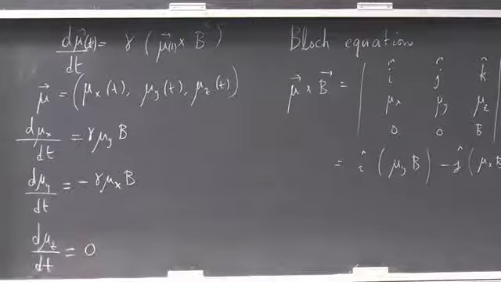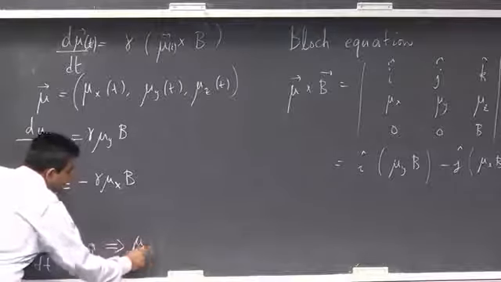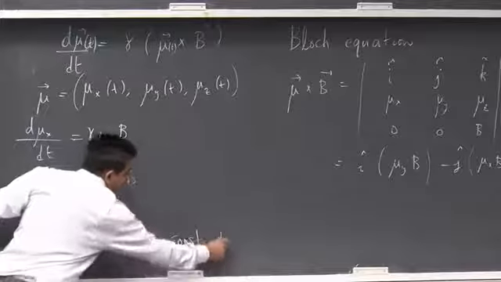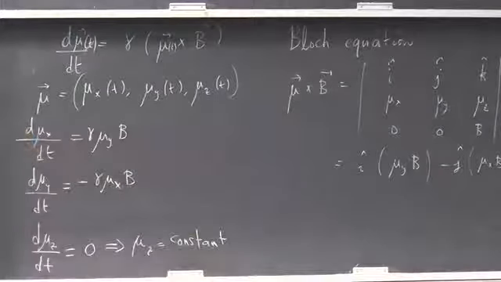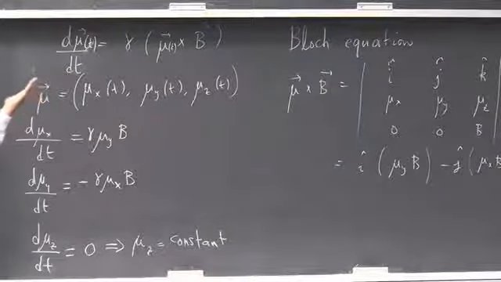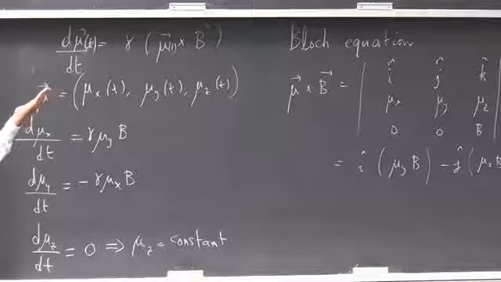So which one of these equations is the easiest to solve? The third one. This means that mu z, whatever it is at time t equals 0, remains the same. It remains constant. So nothing happens to mu z. Which means that if the magnetic moment was making a certain angle with the z-axis, it will remain at that same angle of co-latitude with the z-axis. It's not going to change. However, mu x and mu y can change.